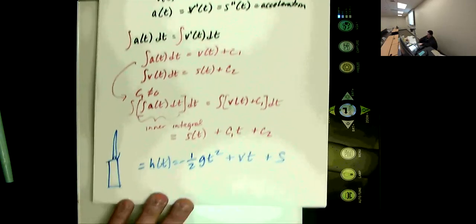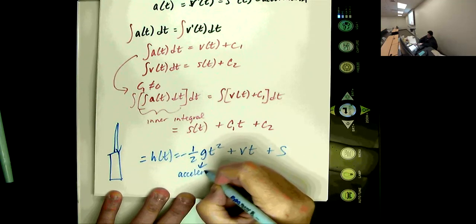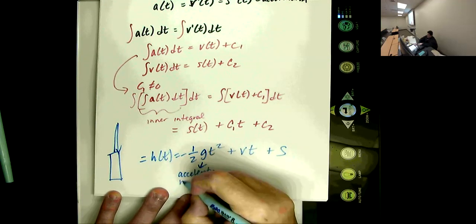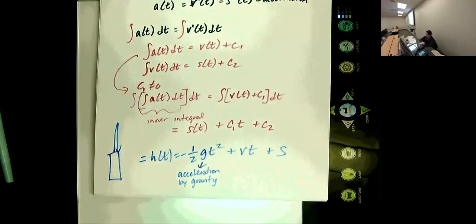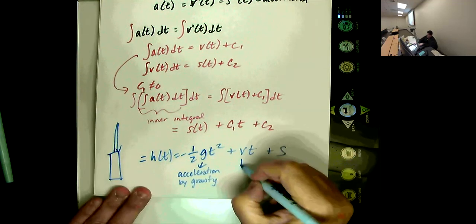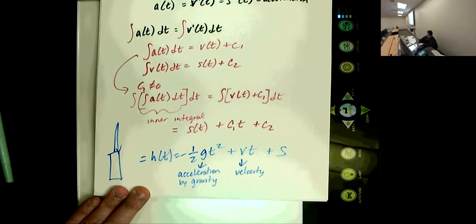These are usually different numbers, but g is acceleration by gravity. So if upward is positive, acceleration is downward. V is velocity, and if it's positive, it's going up. If it's negative, it's going down.